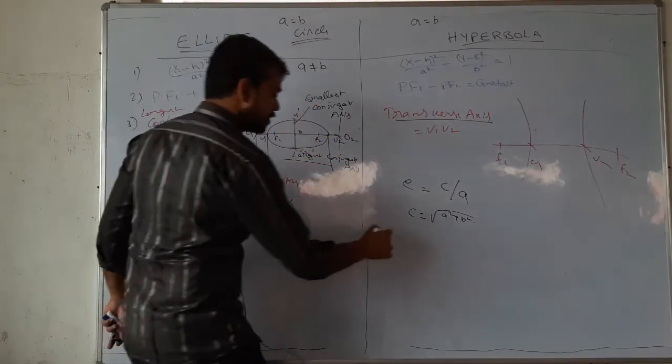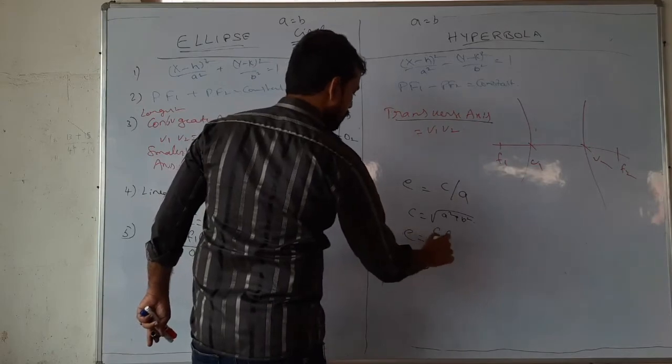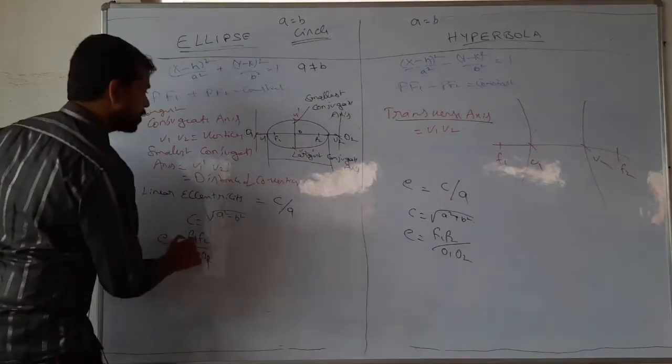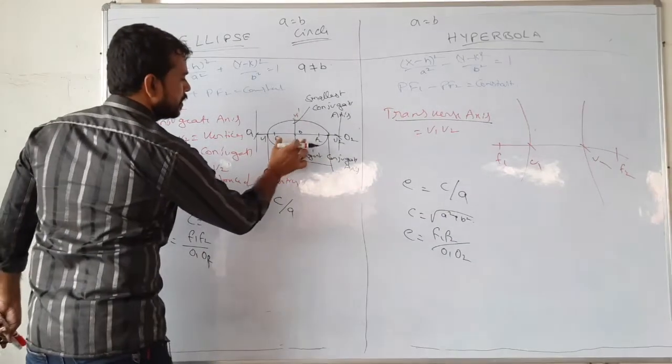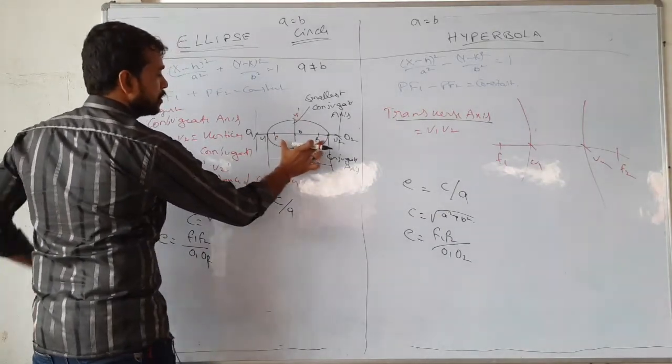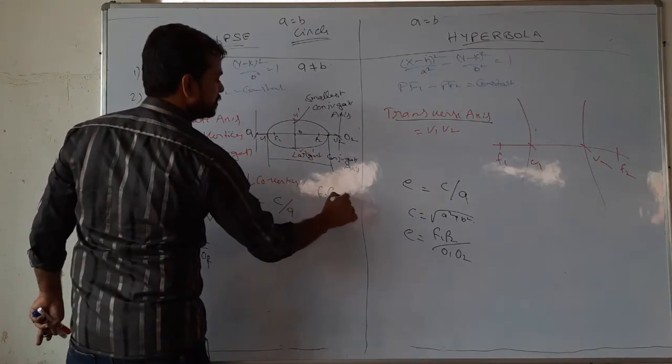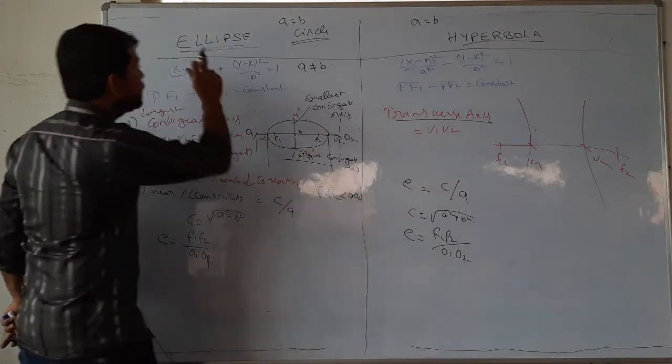Here also e is equal to F1F2 by O1O2. In ellipse, F1F2 is less than O1O2.